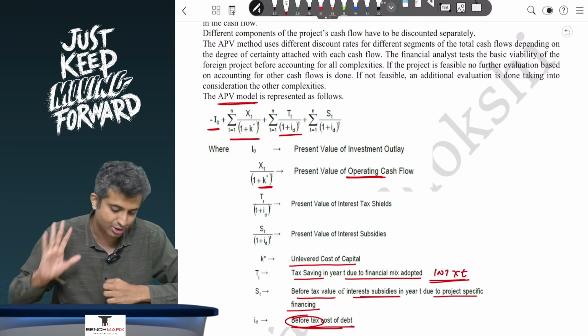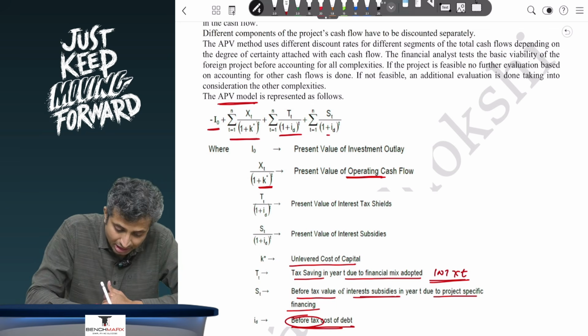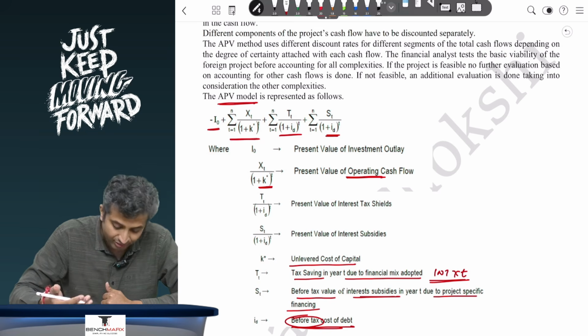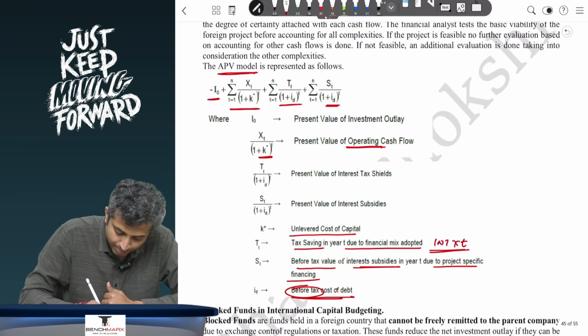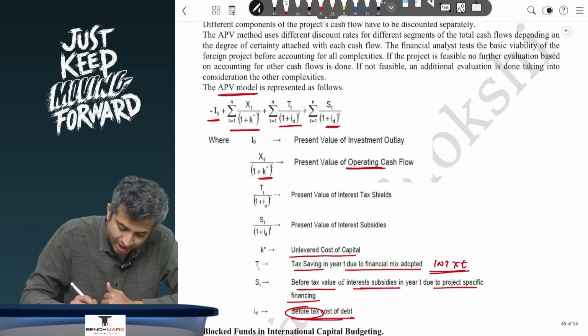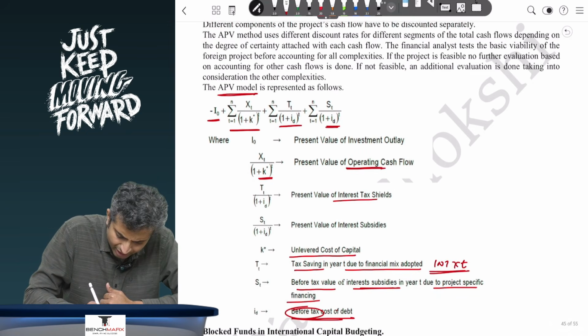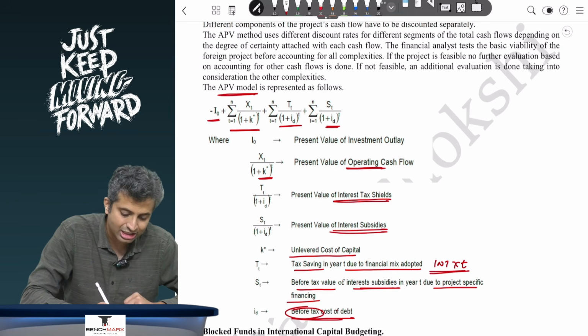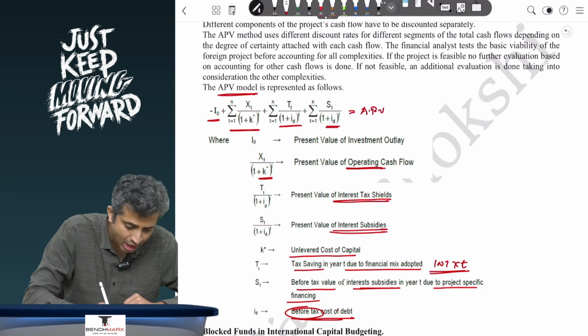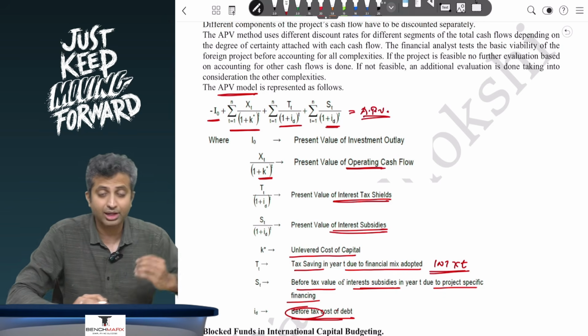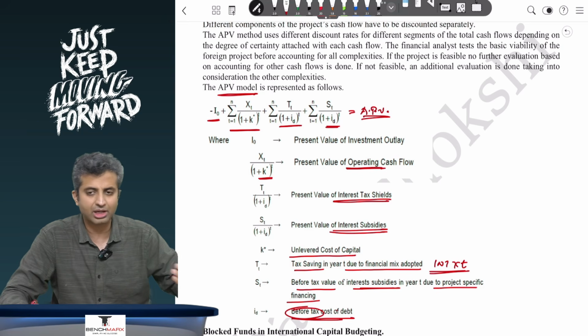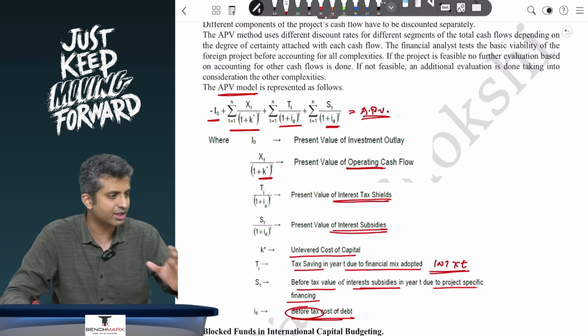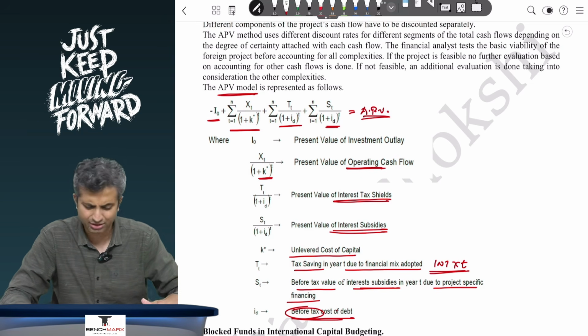If it is, the question has to specifically tell you, and because this is arising due to your financing mix, you will discount this again by the before tax cost of debt. So this is the present value of interest tax shields, this is the present value of interest subsidies, and together what you get is the adjusted present value. Again, the decision matrix remains the same: if your APV is positive, you accept; if the APV is negative, you reject.